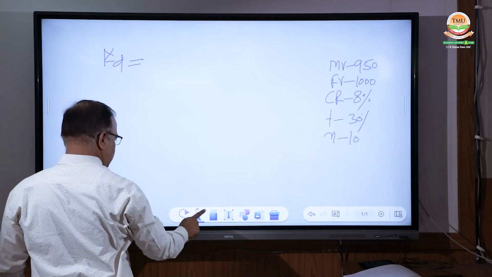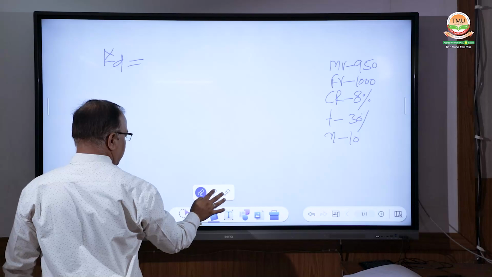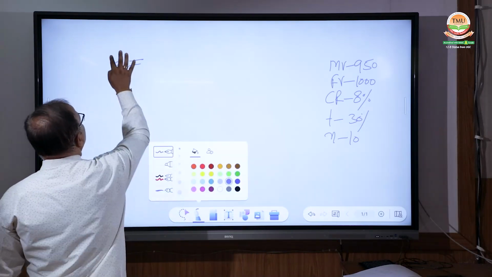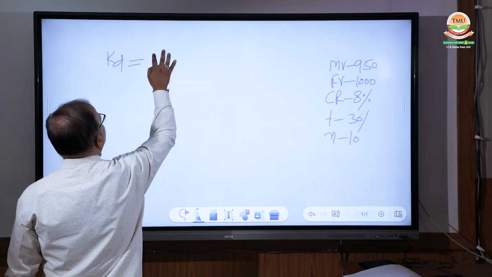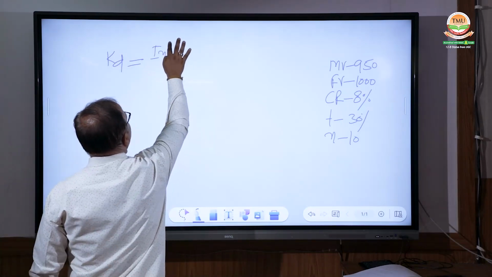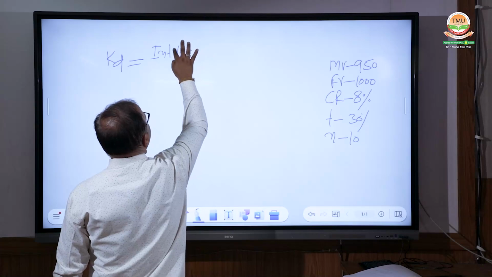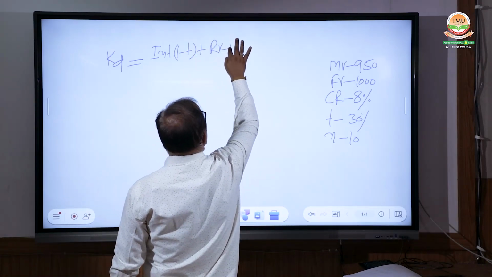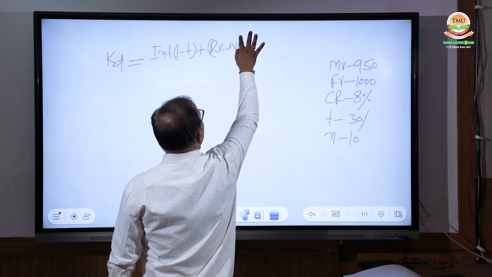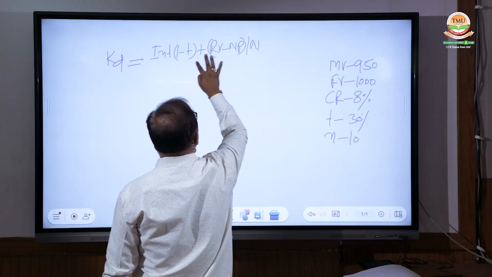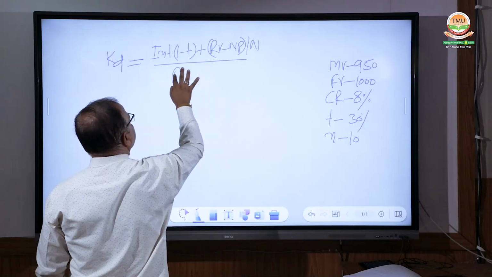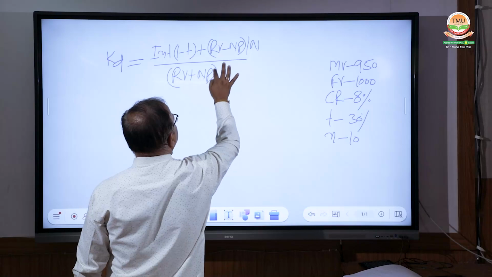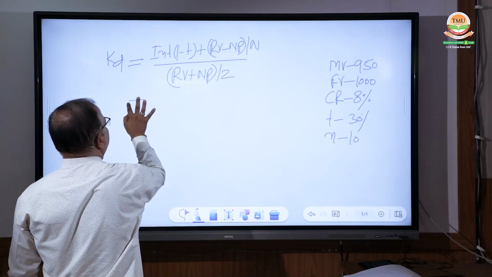Kd is equal to interest into (1 minus T) plus (redemption value minus net proceed) by N, divided by (redemption value plus net proceed) by 2.